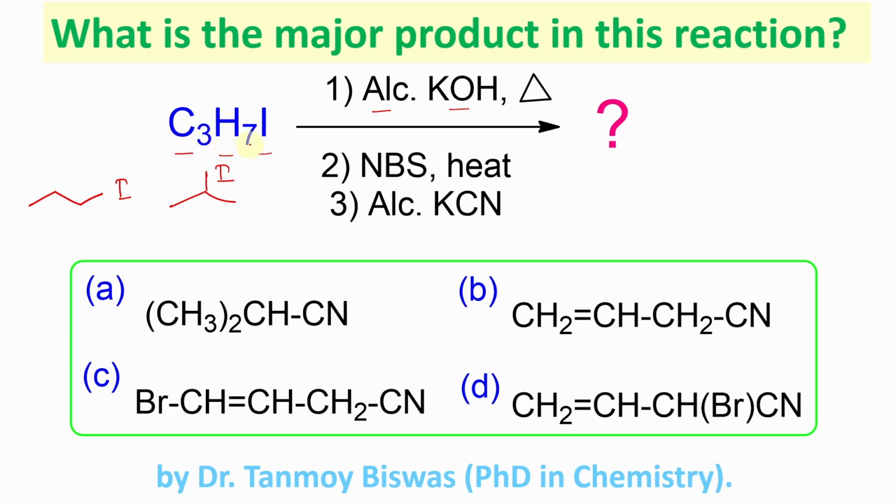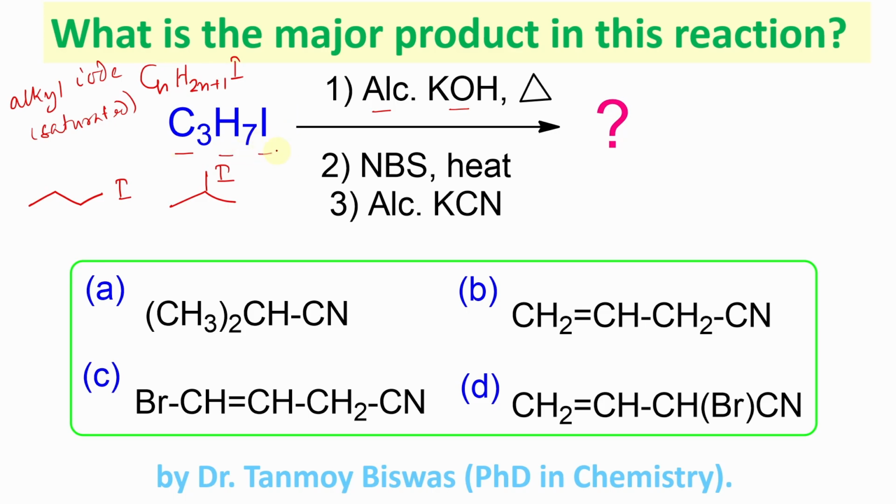By the way, you may think, sir, C3H7I, what? Whenever you get any formula, C3H7I matches the formula CnH2n+1I. So it is an alkyl halide, actually alkyl iodide, and technically it is saturated, because CnH2n+2 is the general formula of saturated hydrocarbons.